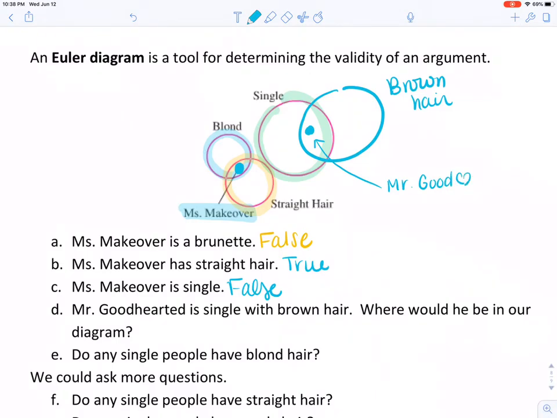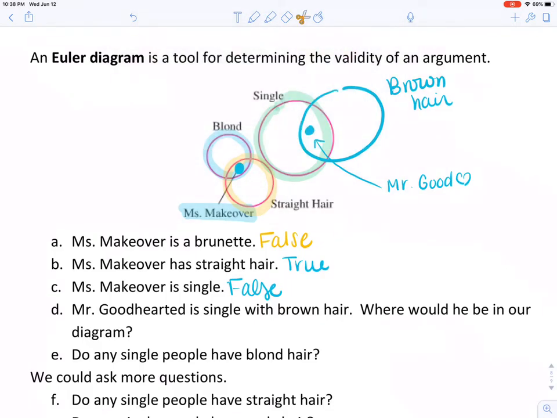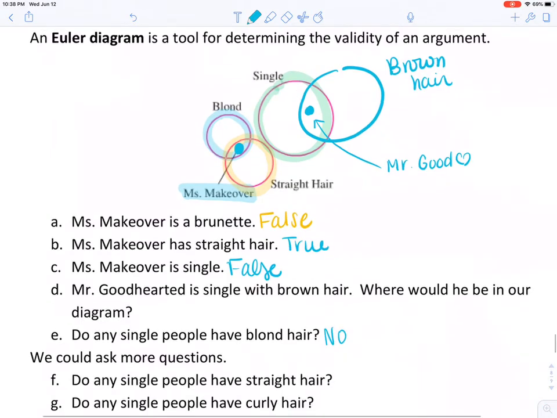And then the last one, do any single people have blonde hair? Well, again, because the single circle and the blonde circle do not overlap, I can say that no, in this particular case, there are no single people who have blonde hair.